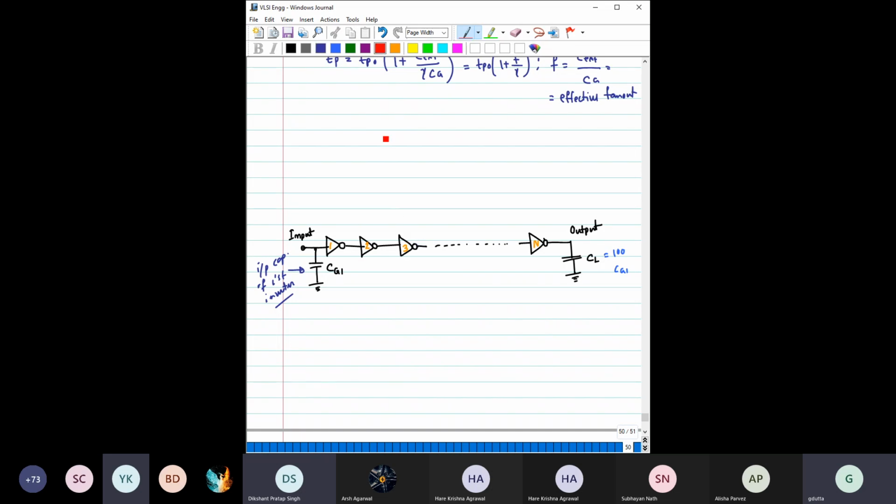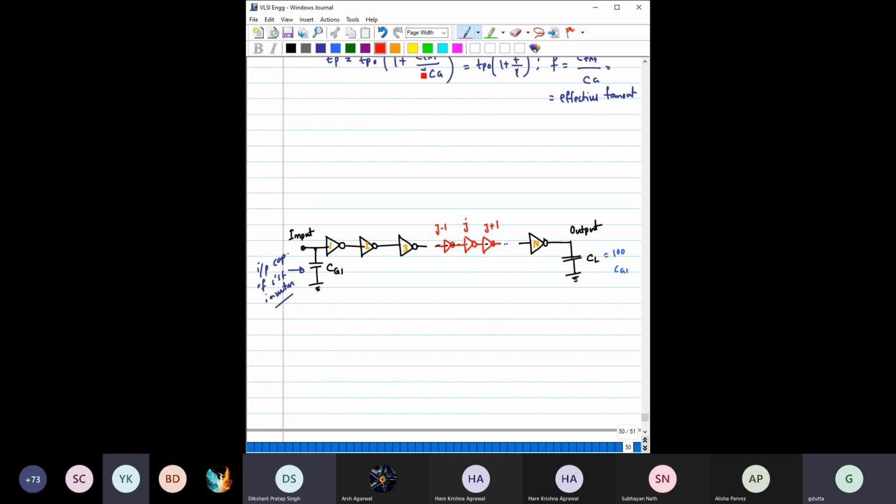So in between, we have so many stages. Say we have three more intermediate stages in between, and we term this one as J. This stage we will term as J minus 1. This stage we will term as J plus 1.